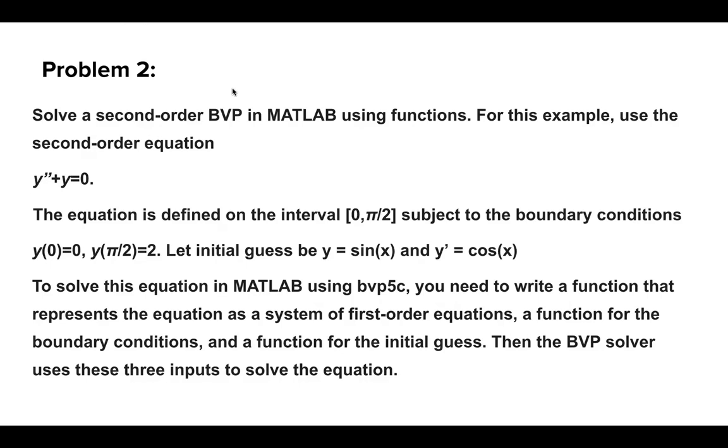So let's try to solve this problem. We have a second order BVP, and we have to solve it using MATLAB functions. For this example, use the function y double dash plus y equals 0.